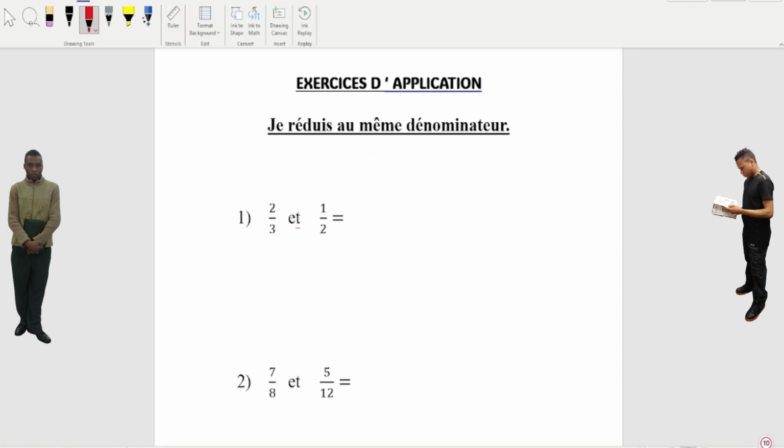Now we're gonna work on this one. Okay? Now, what do we have to do here first? The first thing we're gonna do, you see this 3 and this 2, we're gonna multiply them. This one and this. Okay? So 3 times 2 equals 6. Okay?